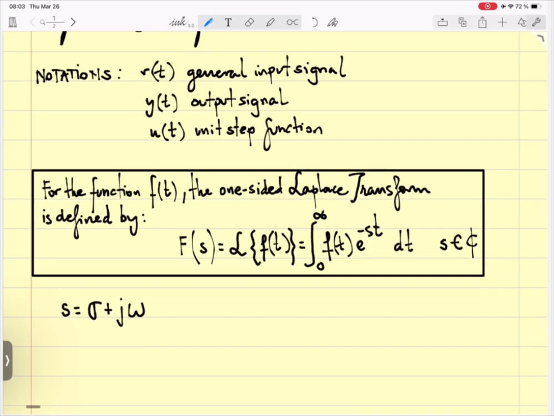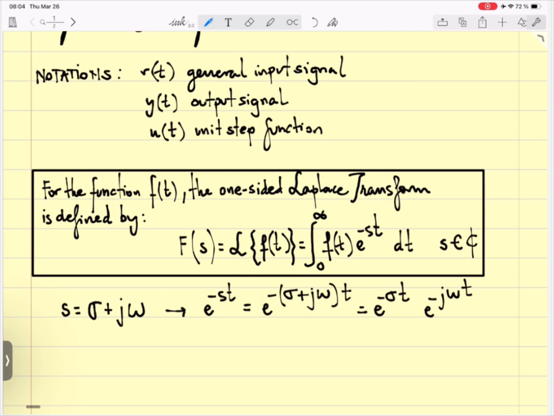So as a result, we can write e to the minus st equals e to the minus (sigma plus j omega) t, which is e to the minus sigma t times e to the minus j omega t.